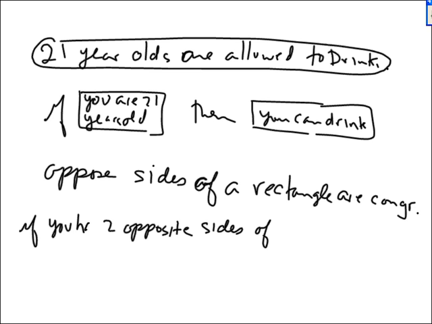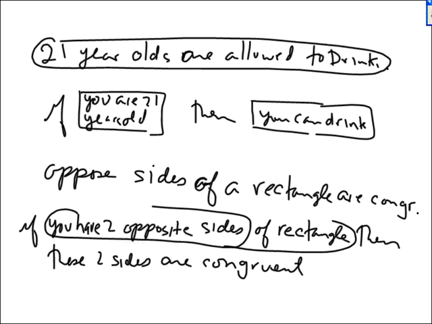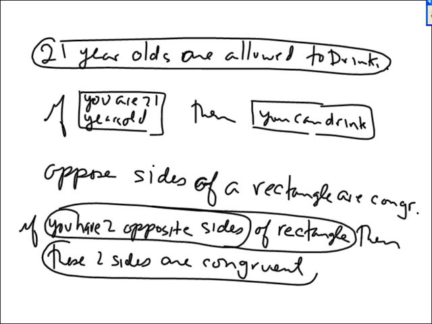If you have two opposite sides of a rectangle, then these two sides are congruent. And of course, since we're writing in English, you can word it differently, but it better be if, and then you better talk about the two opposite sides of a rectangle, then you better somehow say those two sides are congruent.